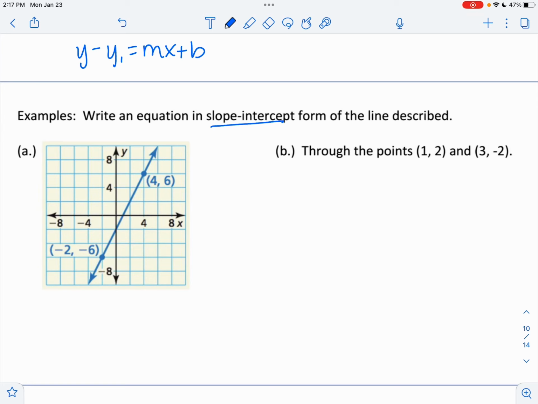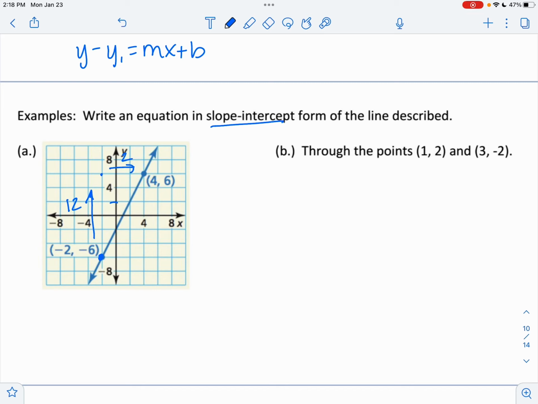So we need to calculate the slope first, and we can do that by just counting the rise over run. Now we have to be careful because it looks like this graph is counting by 2s. So really, I'm going from this point, I'm going up 2, 4, 6, 8, 10, 12. So this is up 12. And to the right, 2, 4, 6.